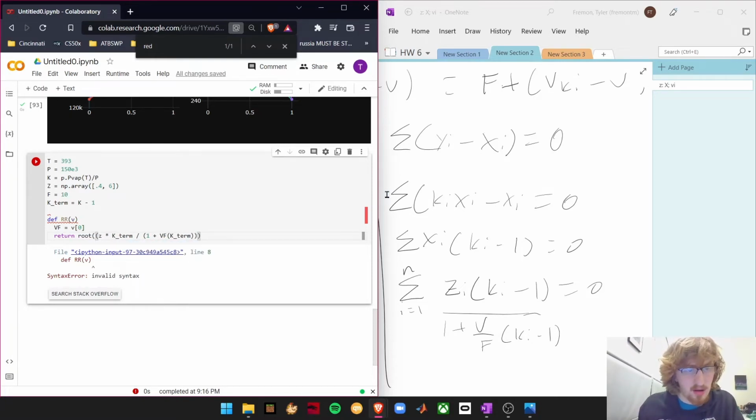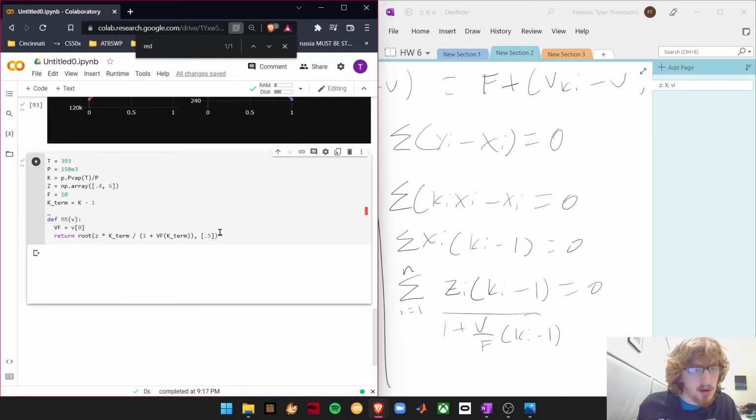In this scenario, our initial guess comes second in the root function. But we'll go with 298. Or, sorry, it's not in temperature. We'll go with 0.5. And I just forgot a colon here. All right, there we go.